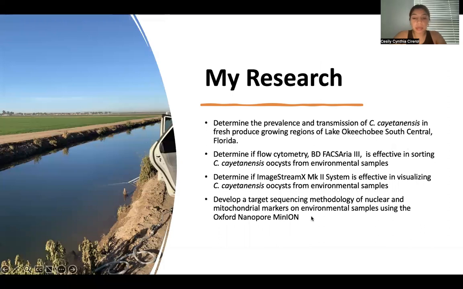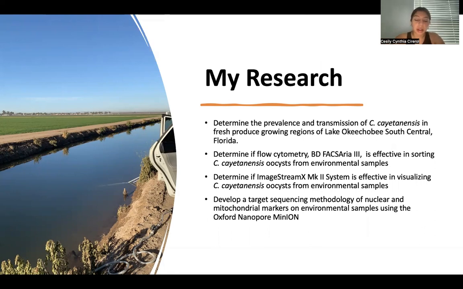So, what my research focuses on is the main purpose is to determine the prevalence and transmission of Cyclospora in fresh produce growing regions of Lake Okeechobee, South Central Florida.